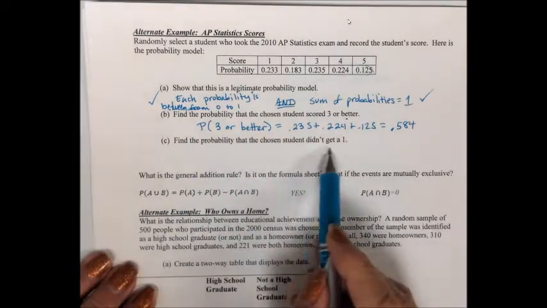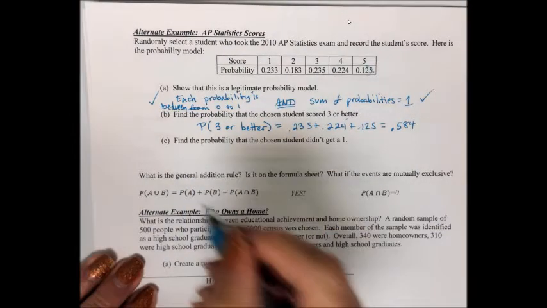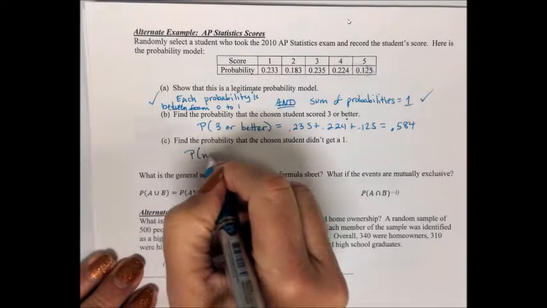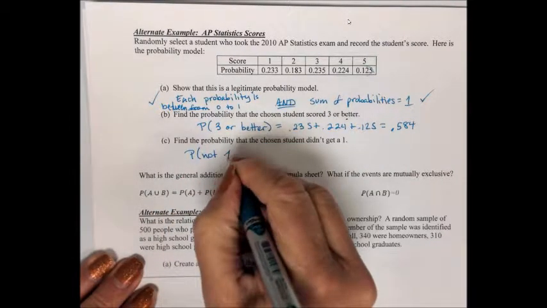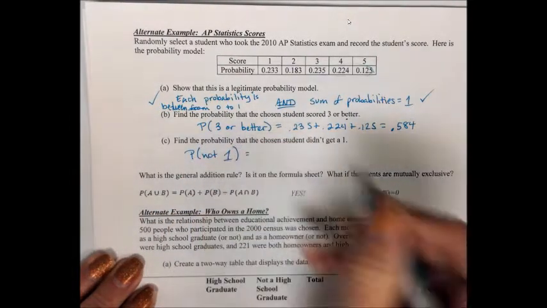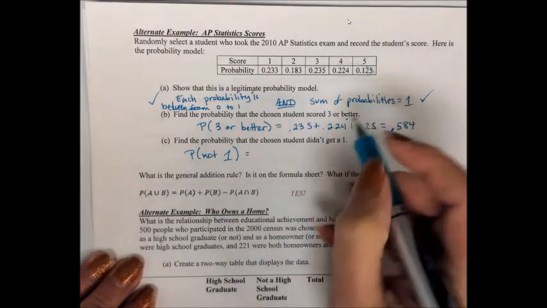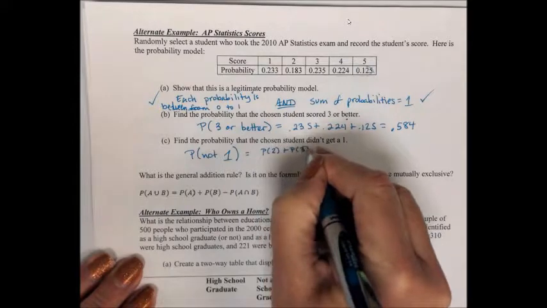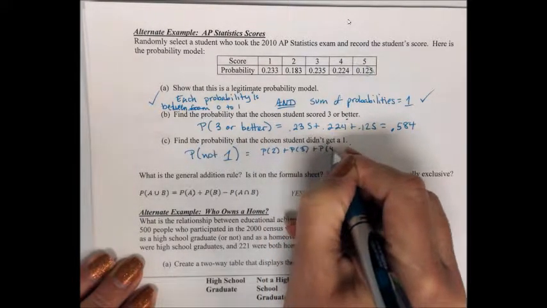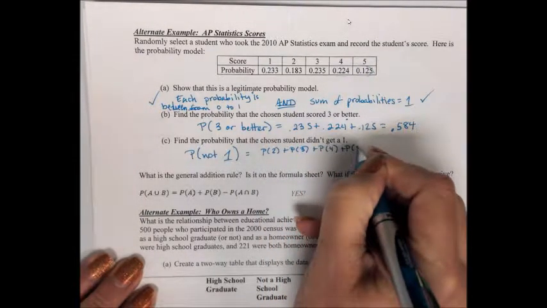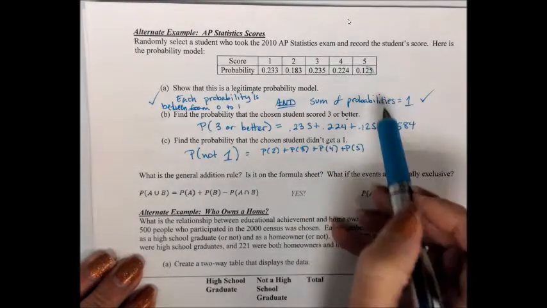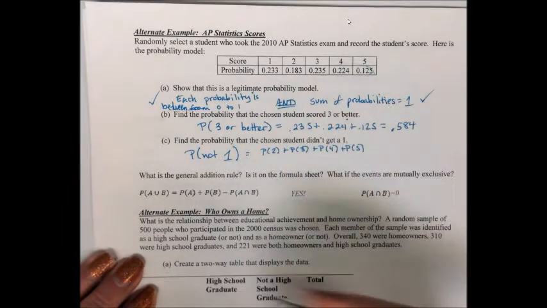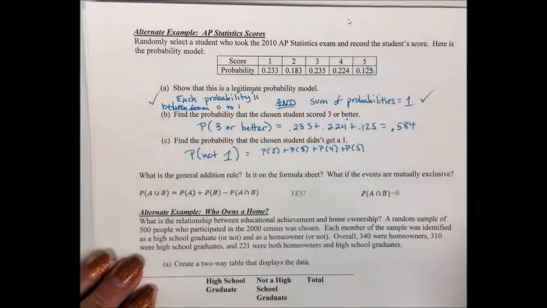Find the probability the student did not get a 1. So not a 1, I could add up the probability of 2 plus the probability of 3 plus the probability of 4 plus the probability of 5. I could add up those 4 numbers, but the easier thing for me to do is find the complement.